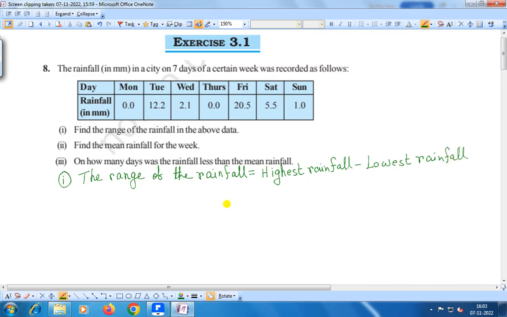Now here you see, the highest rainfall is this one, that is on Friday, that is 20.5.